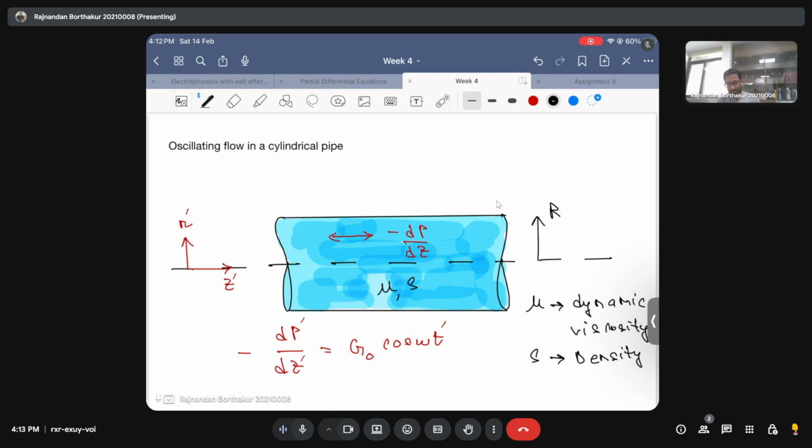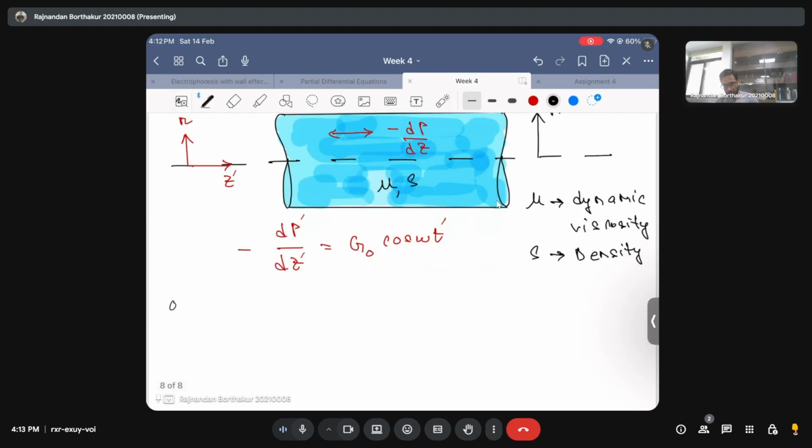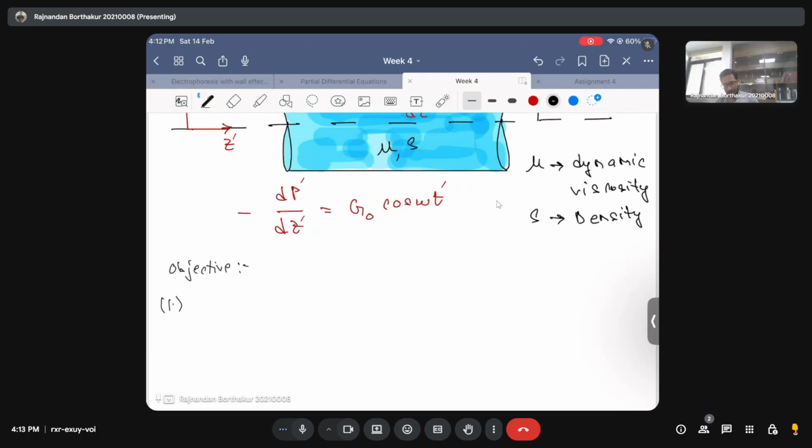As I said, the objective is, so I'll write down the objectives, what we actually need to do in this problem. The objective is, first of all, identify the appropriate characteristic variables.